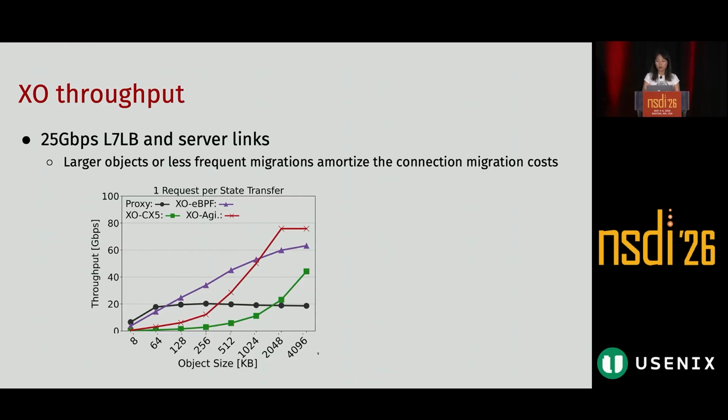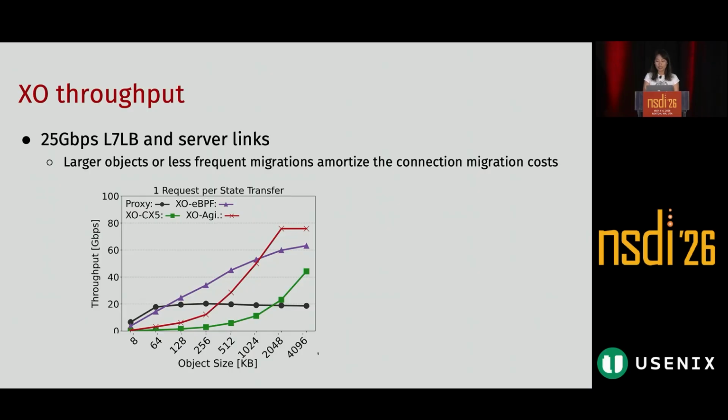Overall, XO's performance depends on state transfer frequency, determined by object size or the number of requests processed by the same backend continually. We use a conventional proxy as the baseline. XO eBPF here in the figure is XO with eBPF support only, meaning we only use eBPF itself for packet redirection.